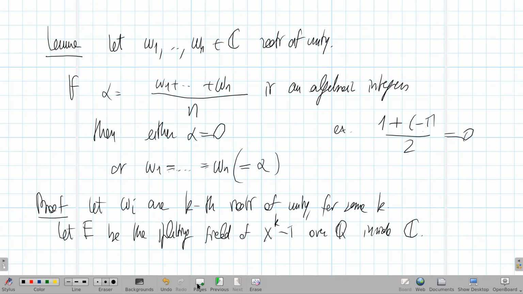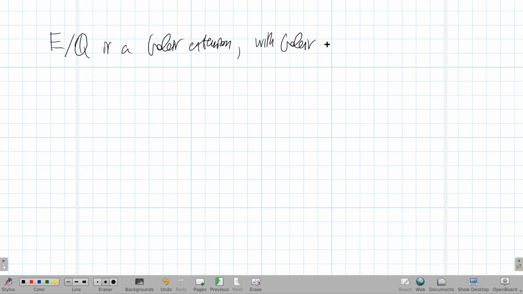So by reasons that we have already recalled yesterday, E over Q is a Galois extension, because it's the splitting field of a separable polynomial, a polynomial in characteristic 0, which is automatically separable. And the Galois group, we saw yesterday, is abelian.